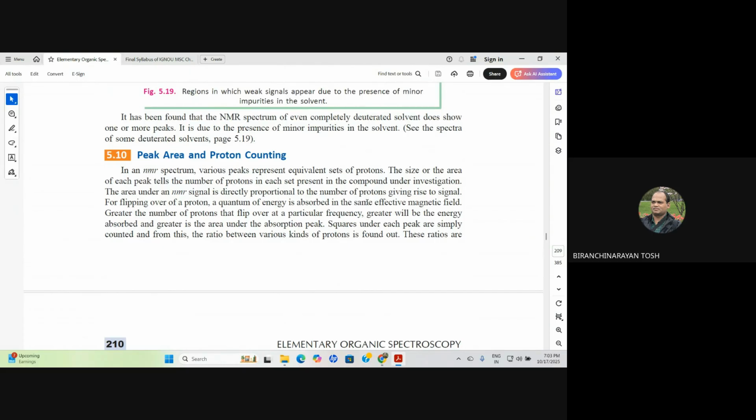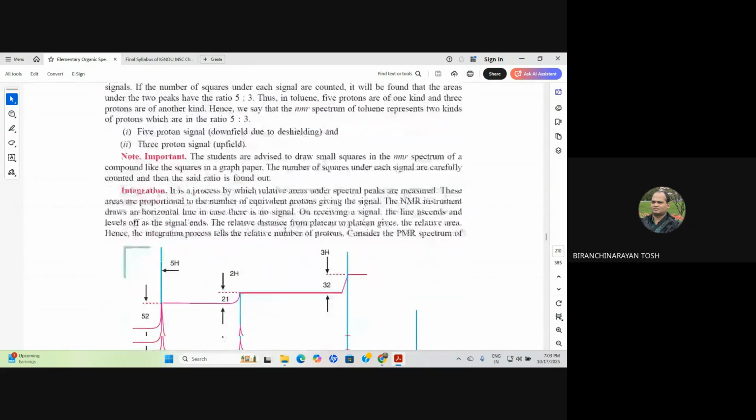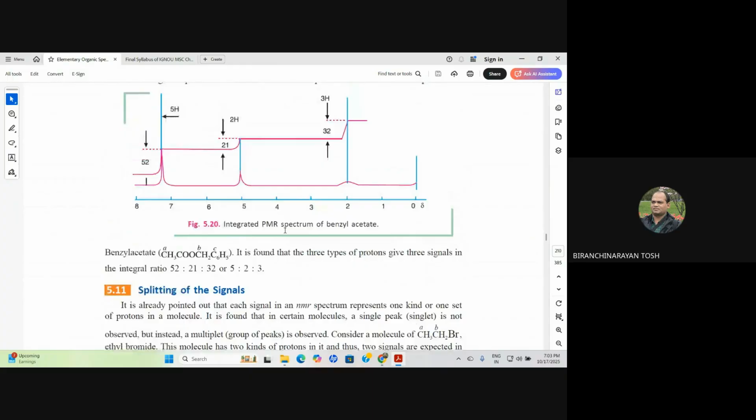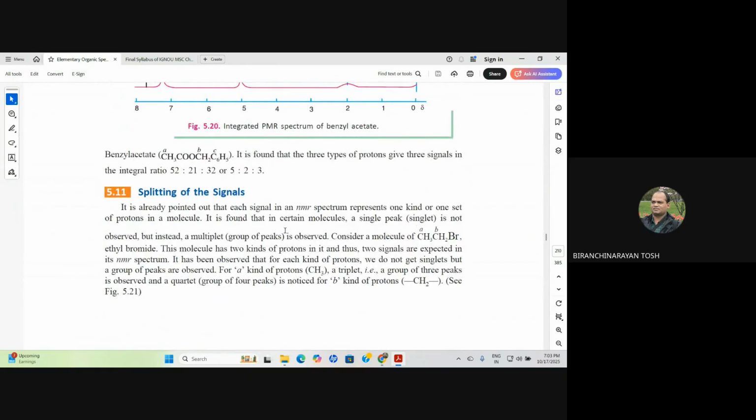So this is one thing, the number of signals, then peak area, broadness of the signal, and another thing, the type of signal or splitting of the signal: how it splits, whether it is a single signal or a combination of more signals. It has already been pointed out that each signal in an NMR spectrum represents one kind or one set of protons in a molecule, and it is found that in certain molecules, a single peak is not observed, but instead a multiplet.